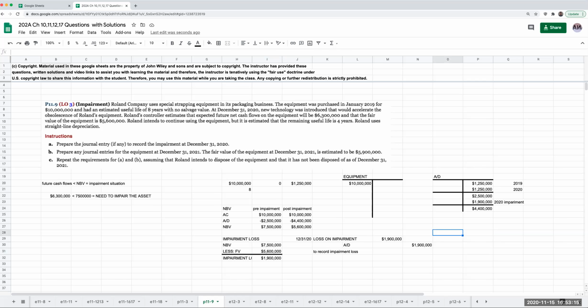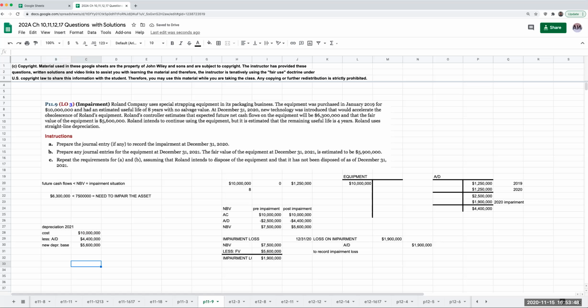So over here, I'm going to have 10 million. My cost of the equipment is 10 million less the total amount of accumulated depreciation. So this is going to be my new depreciable base, which here is going to be 5.6 million.